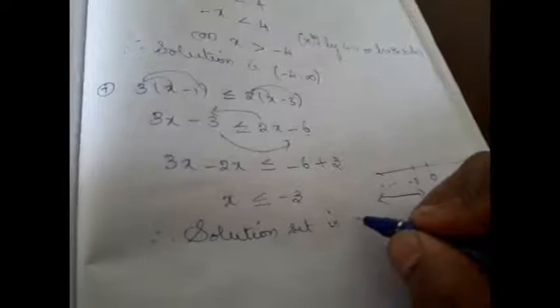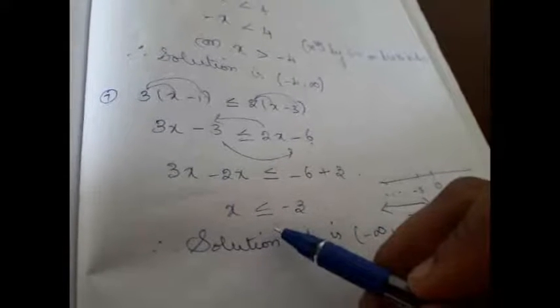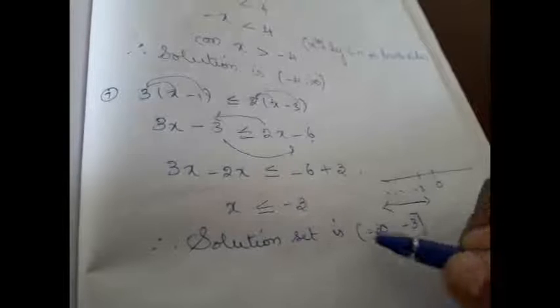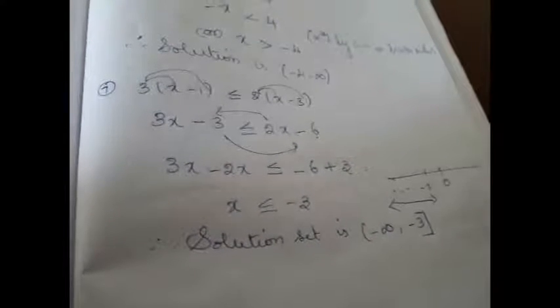Only this side it is lesser. So the solution set is less than or equal to minus 3, so it is minus infinity to minus 3. But here you should put a closed interval since you have the equal to sign here, right? So it is closed at minus 3, open at minus infinity. This is the solution set for your question, right?